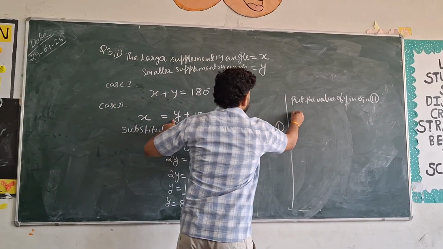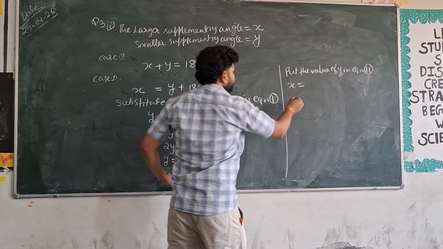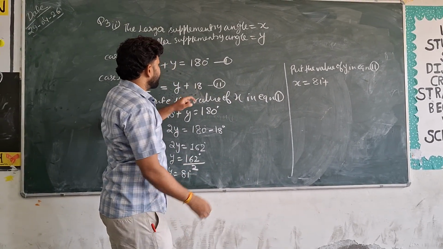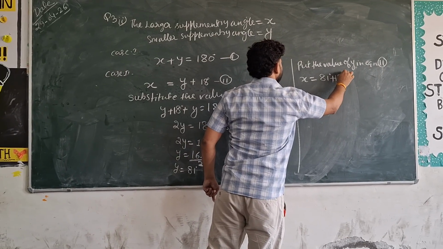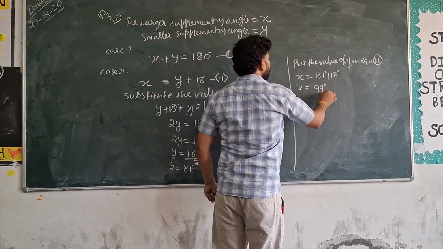Now y is 81, so x equals 81 plus 18 degrees. Any problem? No, sir. So x equals 99 degrees.